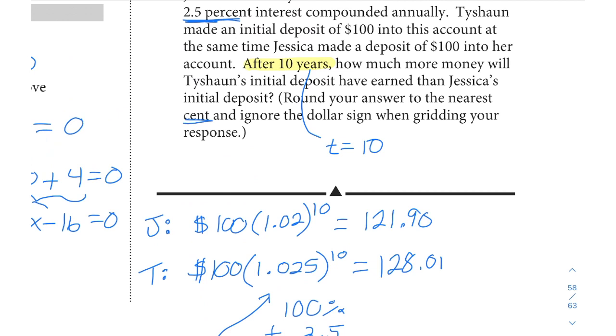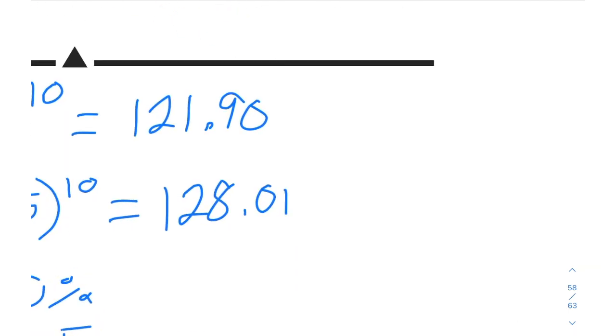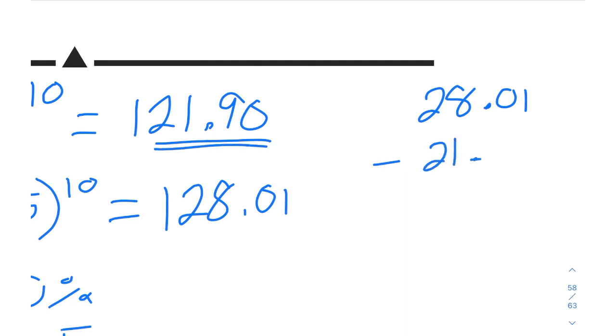So now let's double check what the question's asking. They want to know how much more money Tyshawn has than Jessica. So they both started with the same amount, which means they're looking at how much they've earned. So here he has earned $28.01 after that span of time, and she has earned $21.90 after that span of time.